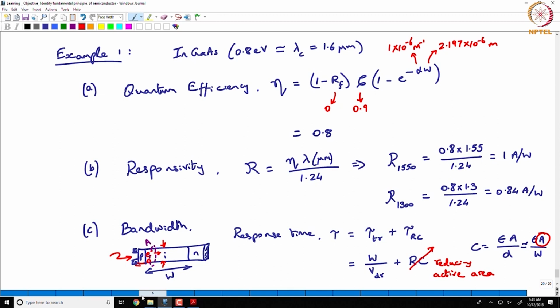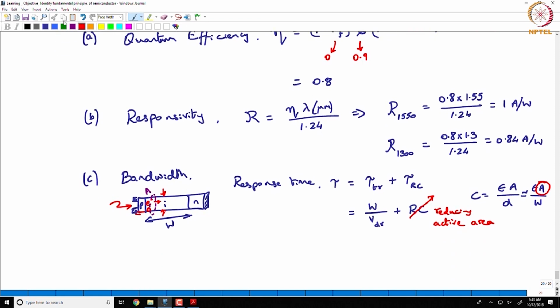Okay, so response time is like that, and if the response time is like that, then if you plot the modulation transfer function H of f, what you will find is it's flat at low frequencies, and it drops down as you go to high frequencies, because it's limited by the response time.